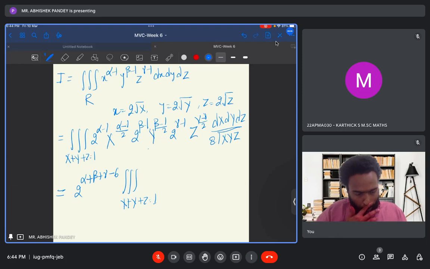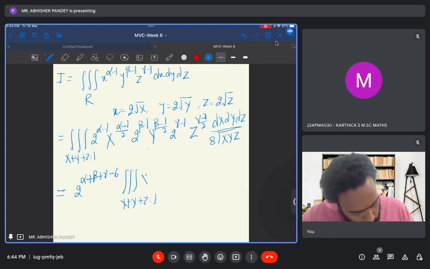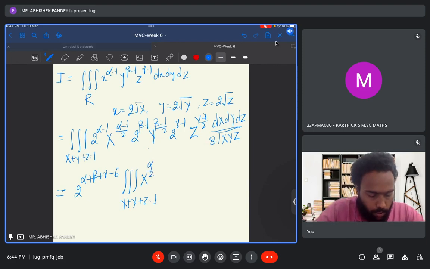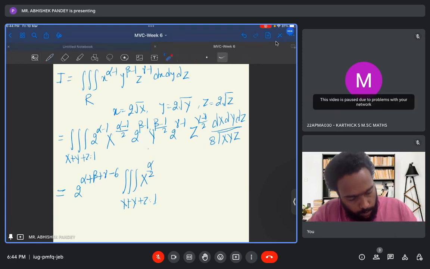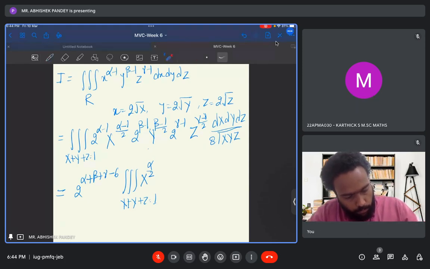Okay, so this will become now x to the power alpha by 2 minus 1 by 2, and this is x to the power 1 by 2. Then if this goes above, this will be alpha by 2 minus 1.